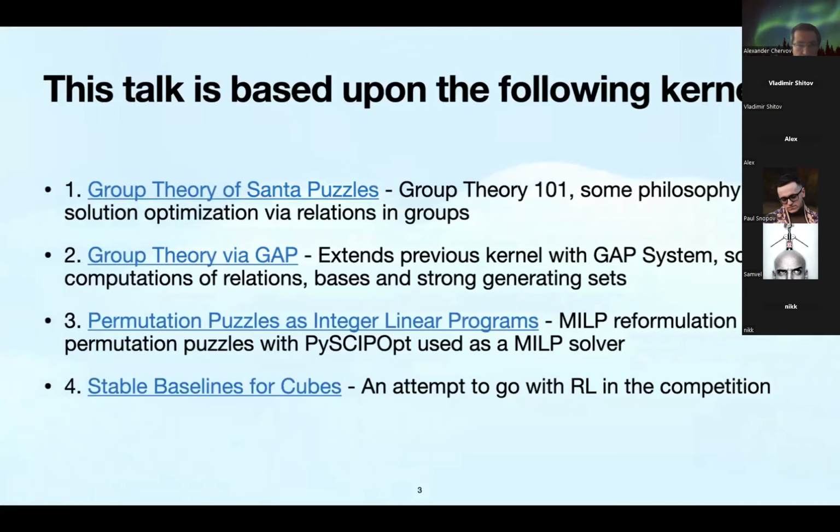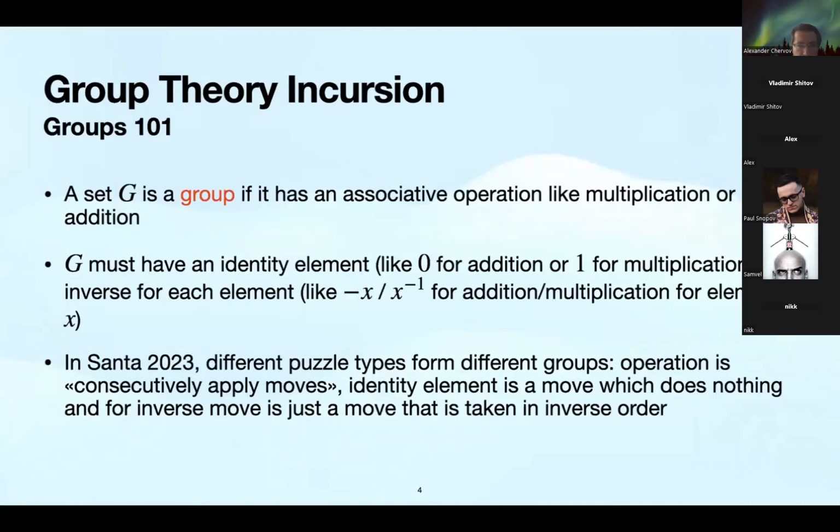So I'll go to the main part of my talk. Here are some basics in group theory. I'm not sure if I need to cover that, but to be sure that we are on the same page, let me just quickly remind you. A group is something like the integers or reals.